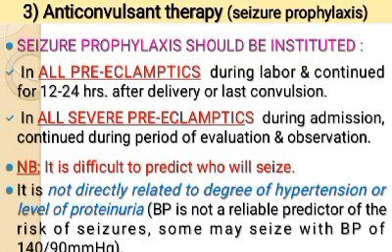Be careful. It is difficult to predict who will seize. It is not directly related to degree of hypertension or level of proteinuria. Blood pressure is not a reliable predictor of the risk of seizures. Some may seize with a blood pressure of 140 per 90 mmHg.